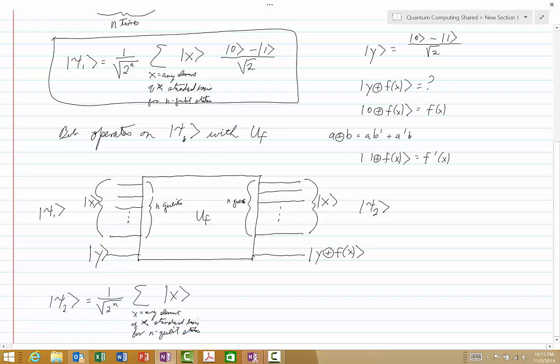And therefore, we can now answer the question we posed of what is y exclusive or f of x.